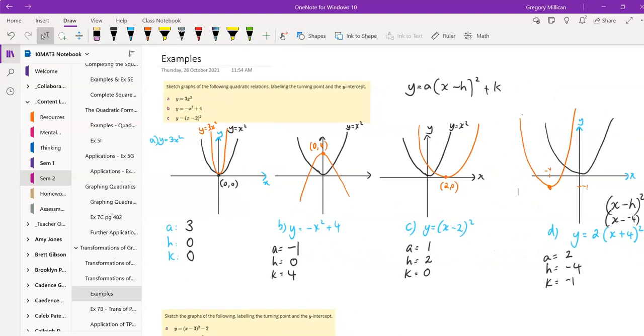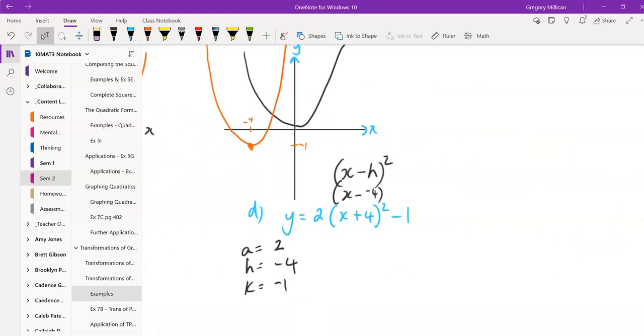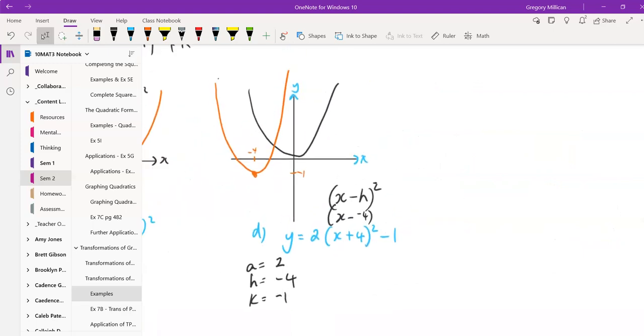What we are going to do next week is some little extra things like, how do I find the intercepts? So, for example, on the last question, how many x-intercepts do you expect to find on this graph? 2. How do you know? Can you see 2? Yeah.